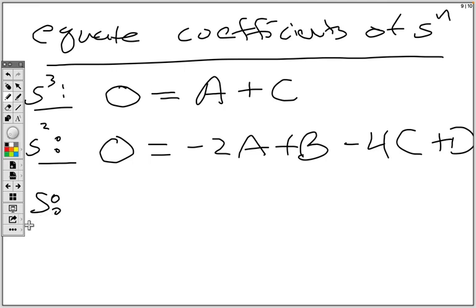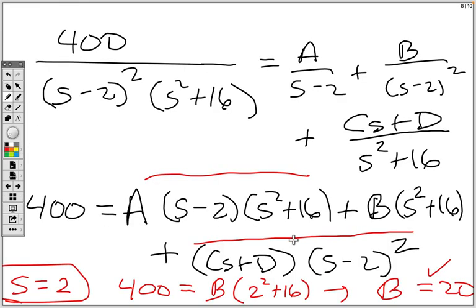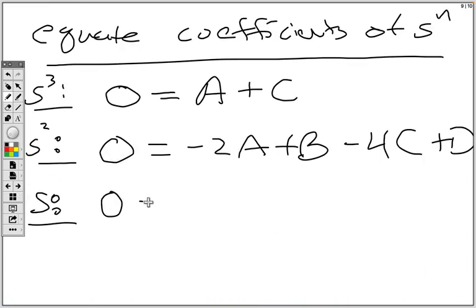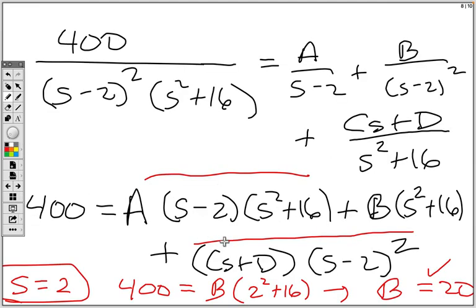Now let's look at just s's. If you multiplied this out to get just s, you'd have a times s times 16. So I'd have 16a. So once again, there's no s's on the left-hand side. You have 16a of those. Any s's coming out of here? No s's out of there.